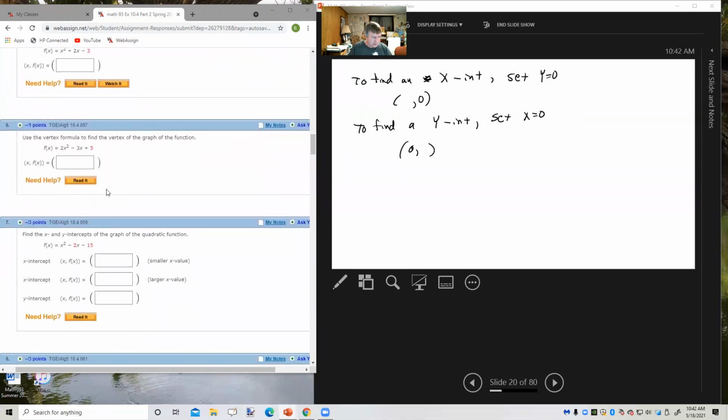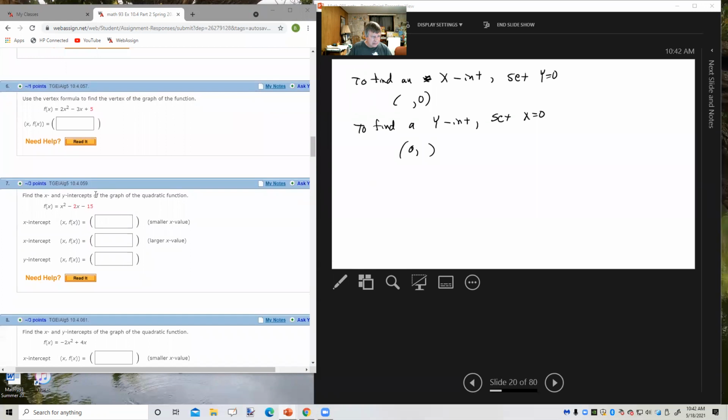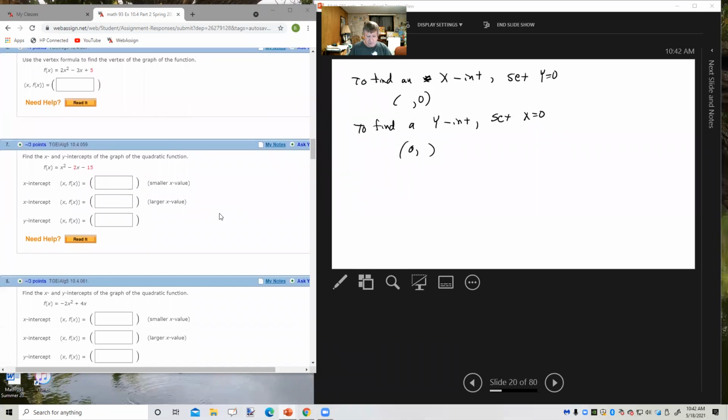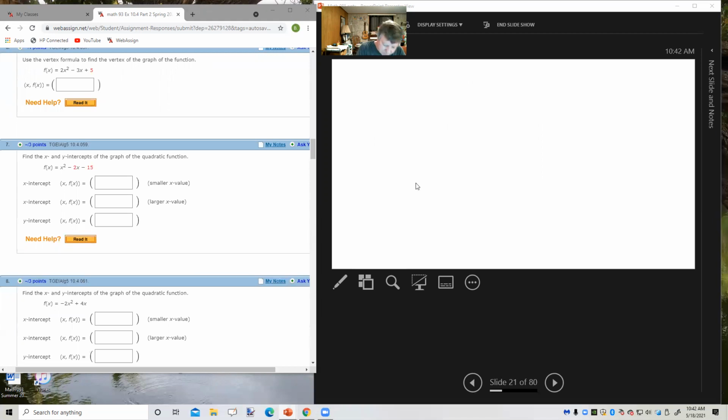Okay, let's go down here and take a look at this one, problem number 7 from WebAssign. It says find the x and y intercepts of the graph of the quadratic function. So we've got f of x equals x squared minus 2x minus 15.